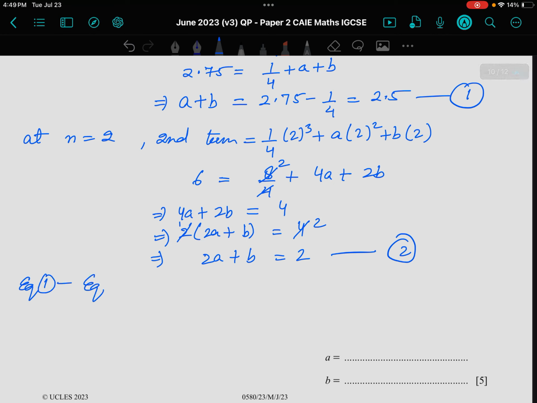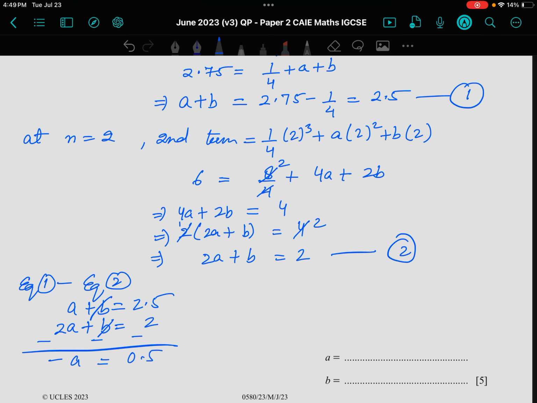So I will write a plus b is equals to 2.5 and 2a plus b is equals to 2, and then I am subtracting it. b will cancel out. Here it is minus a is equals to 0.5. It implies a is equals to minus 0.5.